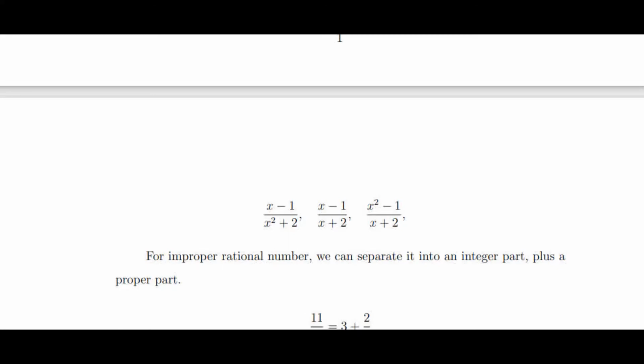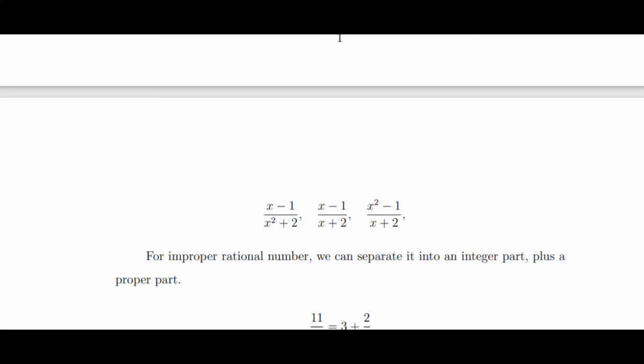So how about the middle one? x minus 1 over x plus 2. So for this rational function, we find the degree in numerator and the degree in denominator are equal, the same. So should we set this as proper or improper? So actually, it is up to us.